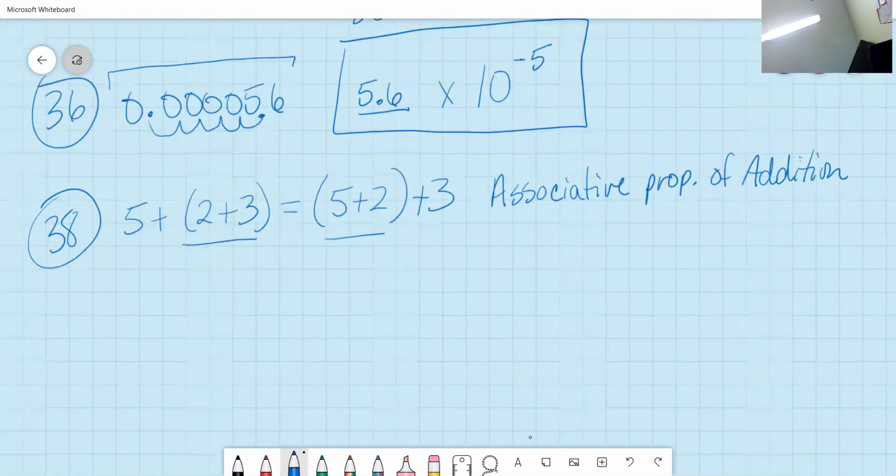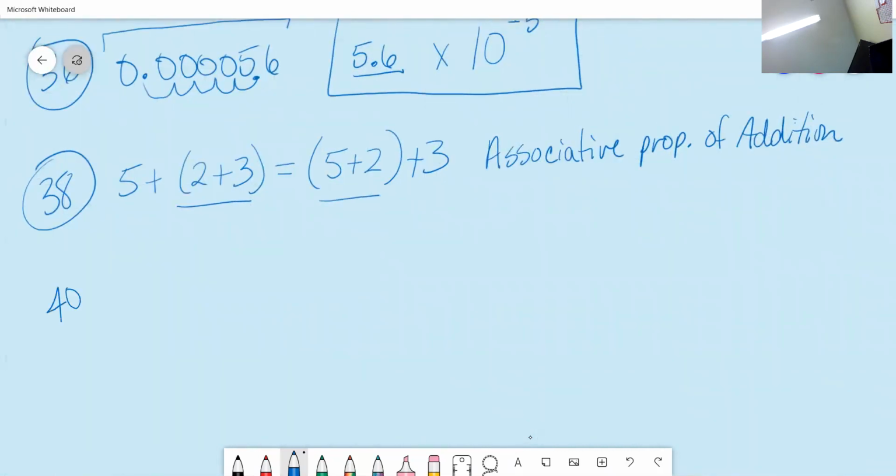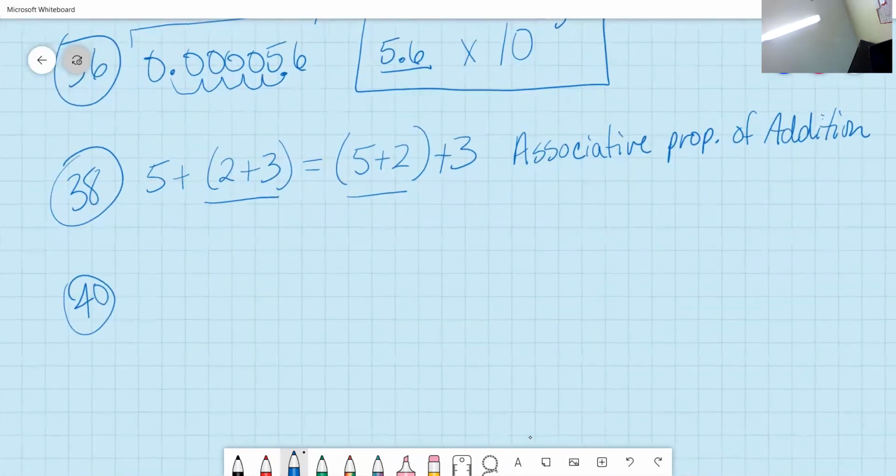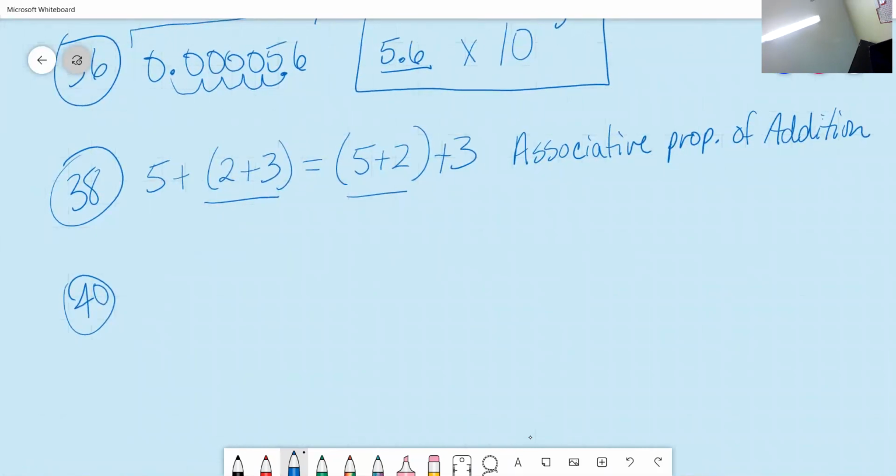Okay, number 40. Now 40, we did review a little bit, but I know this can be a little bit confusing to some of you. So I'm glad they put this in there. So what we need to do is we need to recognize that z minus y is equal to z plus a negative y.